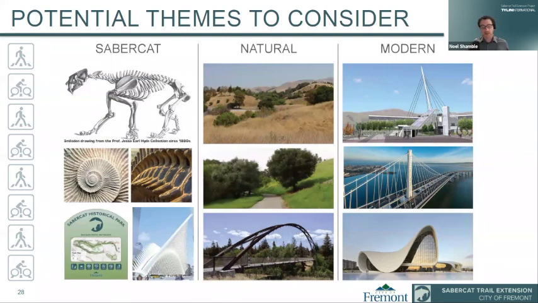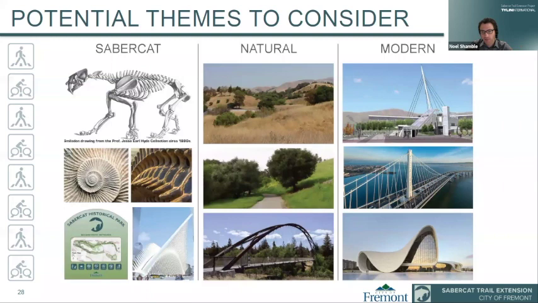And there's, of course, some natural themes that we thought of to kickstart this discussion. Of course, the Sabercat identity is really unique to the site, and it's something that would be very fun to play with architecturally. That could be more of a rustic and rural kind of idea, or it could be more of a geometric and sculptural type of solution. You also have this purely beautiful natural setting that this trail connects to, so something that fits in with that landscape would be great.